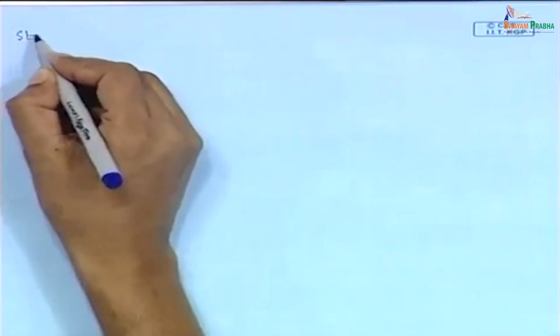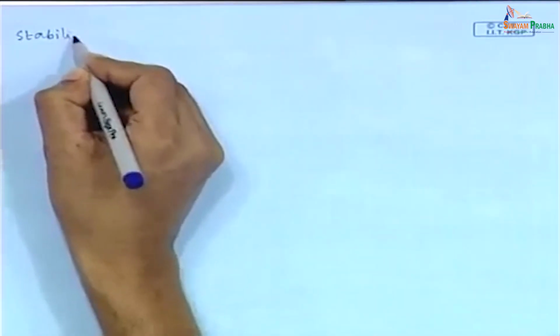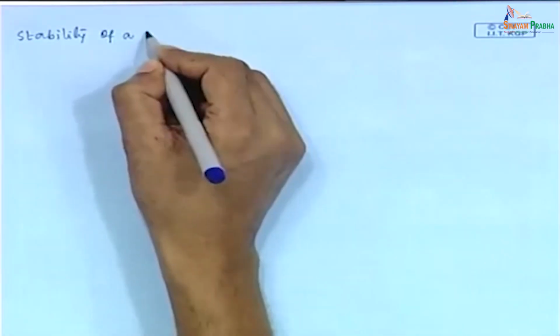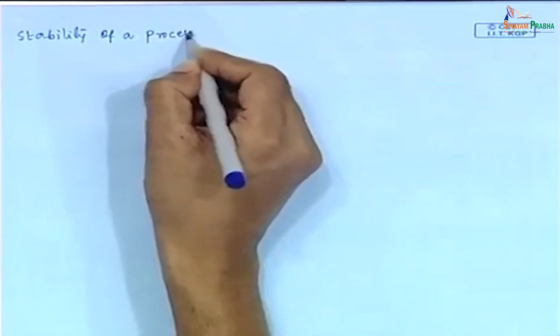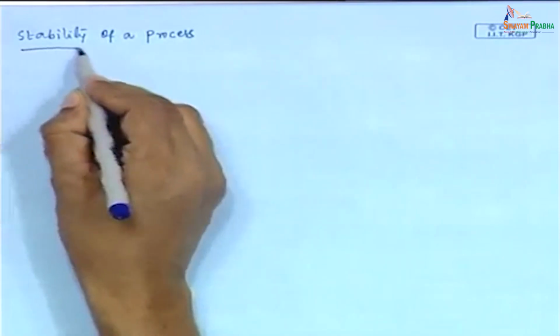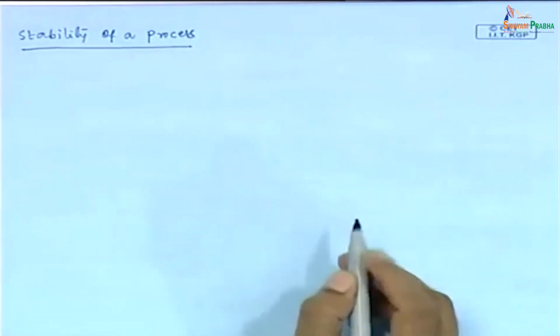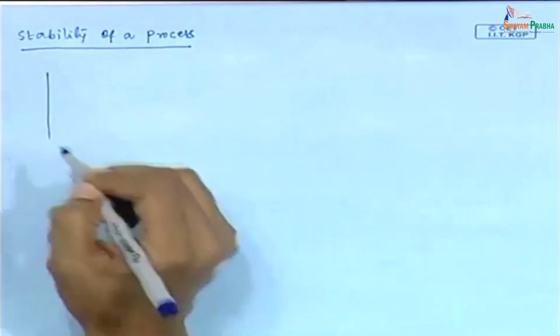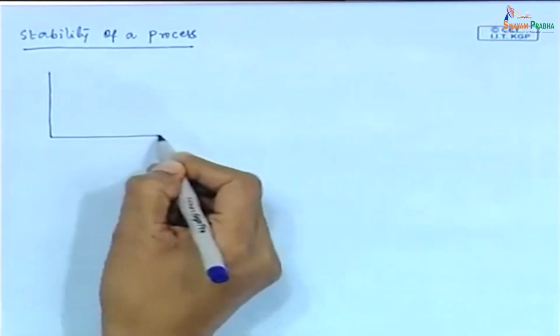Secondly, we will discuss the stability of a chemical process. So, we will first draw a plot. We will make a plot.